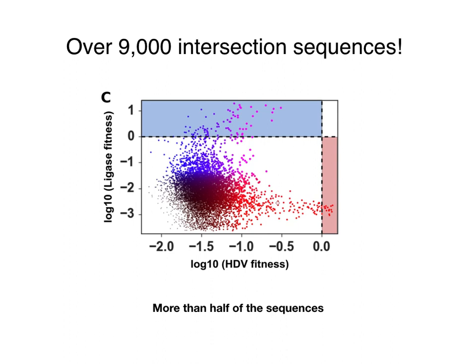And so those sequences shown in the blue quadrant had high ligase activity, and those in the pink quadrant had high HDV activity. And so these seemed like likely candidates that would support the evolution of new functions.